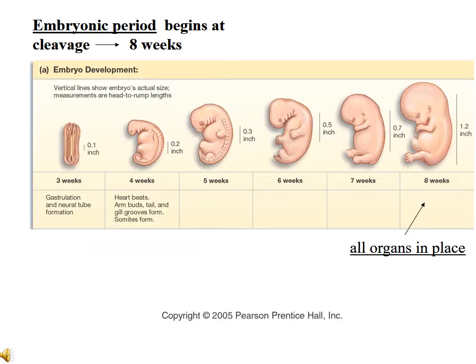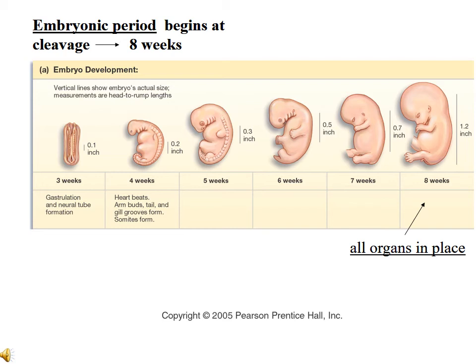So if we look at the overall process of embryonic development, by 3 weeks, we're looking at something less than 1/10 of an inch. By 4 weeks after fertilization, the embryo really is growing quite nicely, and we can start to see features by 5 weeks, 6 weeks, 7 weeks, and by 8 weeks, we're looking at something about the size of an inch.